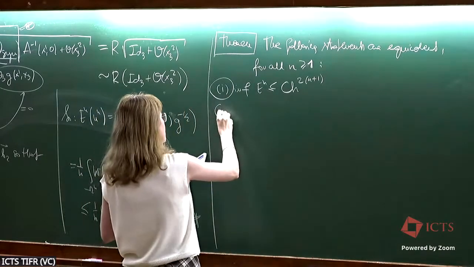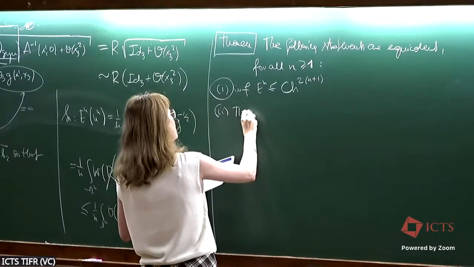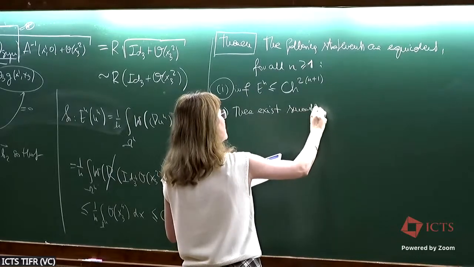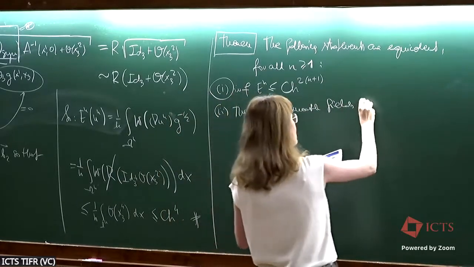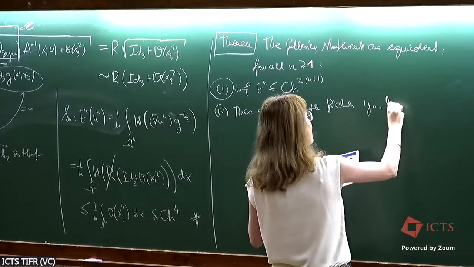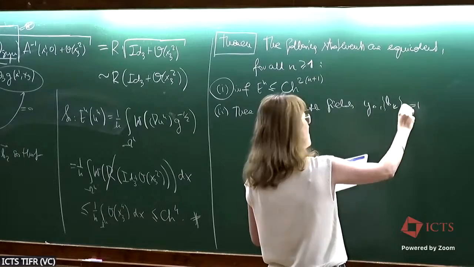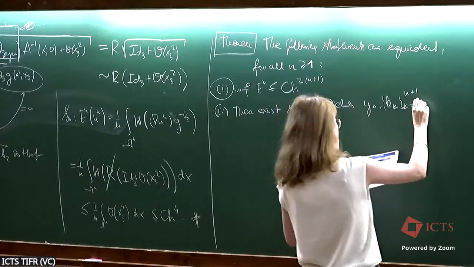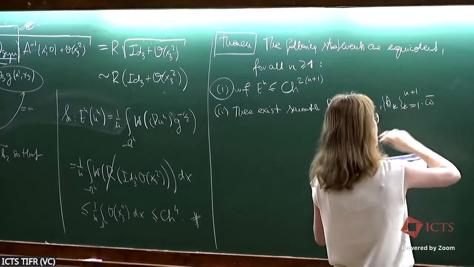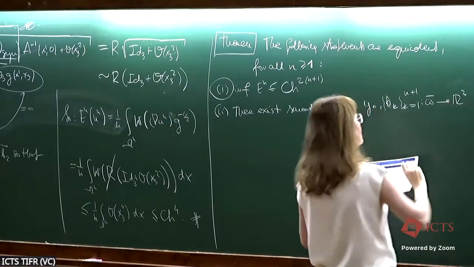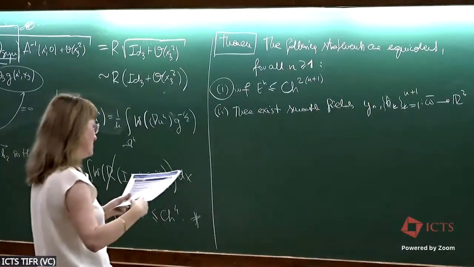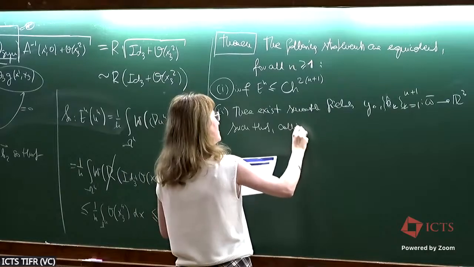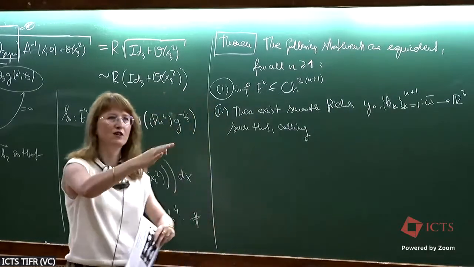The second condition: there exist smooth fields y0 and bk's, those k's go from 1 to n plus 1, from omega bar to R3, from my mid plate to R3, such that, I'm going to build my frames, higher order frames.